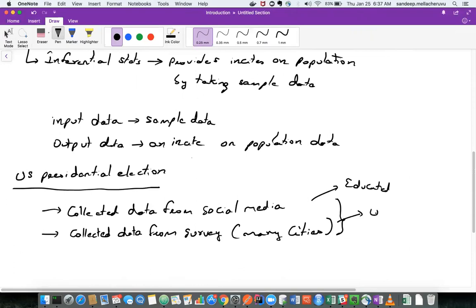This has urban population. So all you did is only two subsets of the population. What happened is these two, one is the social media and the second is the survey from cities. Both of them did not represent the population at all.